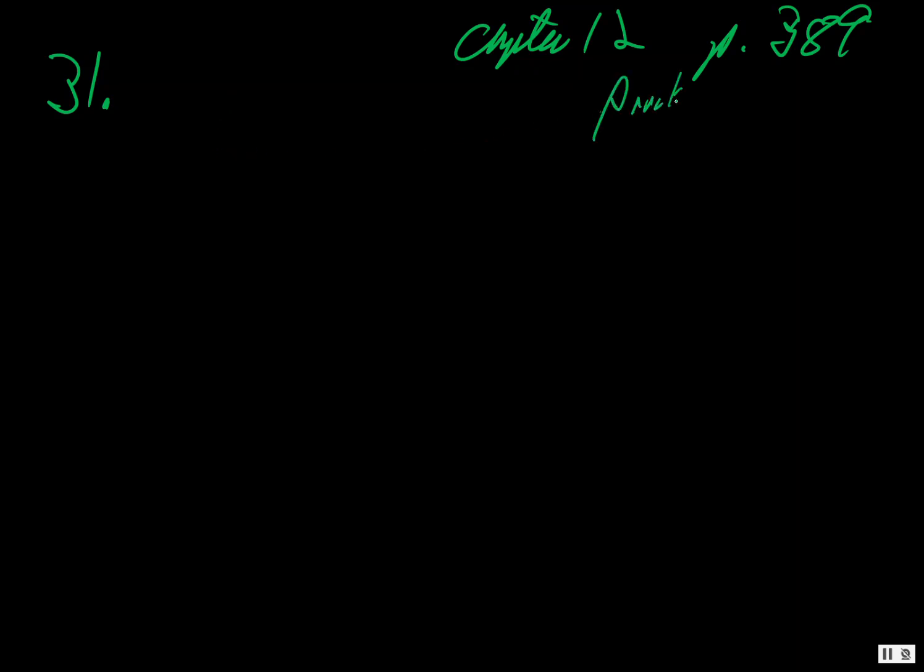All right, hang on, I'll pause a minute. Let's look at number 31. And this is still chapter 12. We're on page 389. Okay. All right, we got a rock, and the density of the rock is 1,200 kilograms per meters cubed.